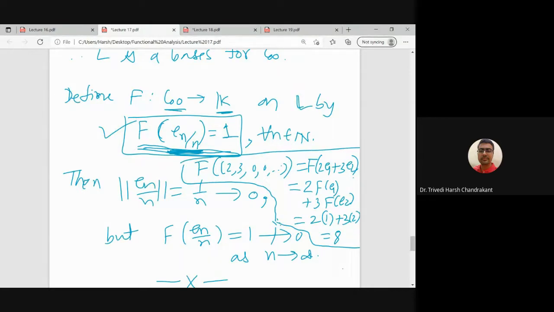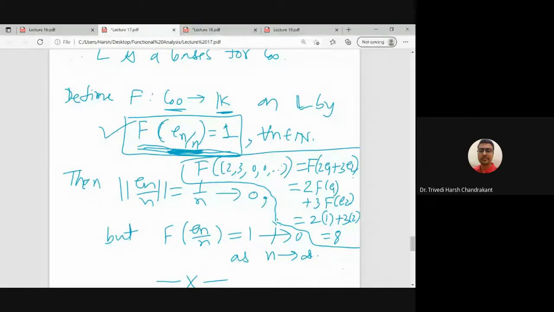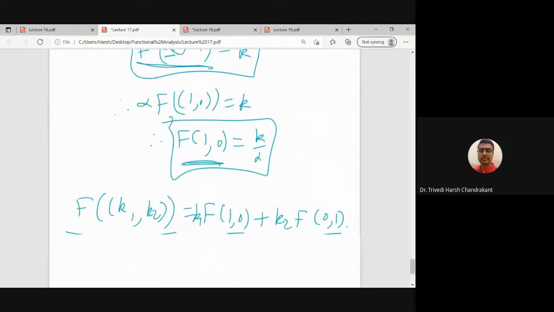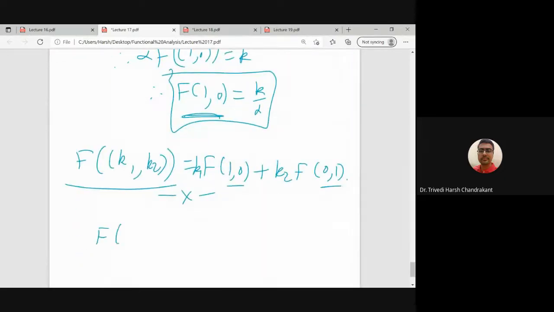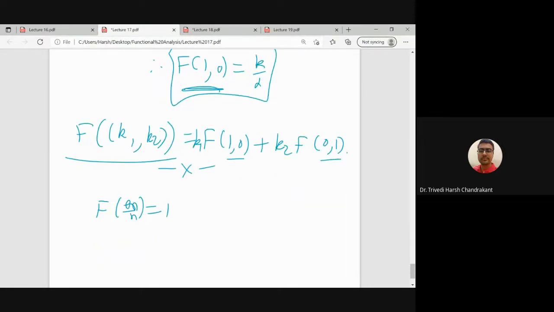Yeah, so now is it clear? Any doubt regarding this? Sir, how did you take the f of e1 value and f of e2 value? So we are taking f of En by n is 1, the same way we have discussed here. f of En by n is 1, and f is a linear function.